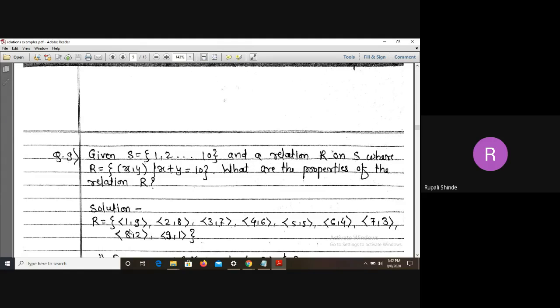Now check whether this is transitive. What is the meaning of transitive property?